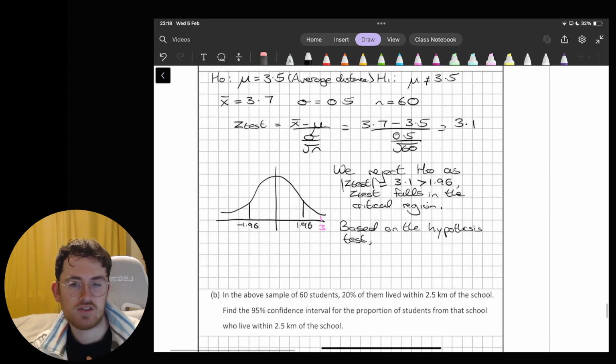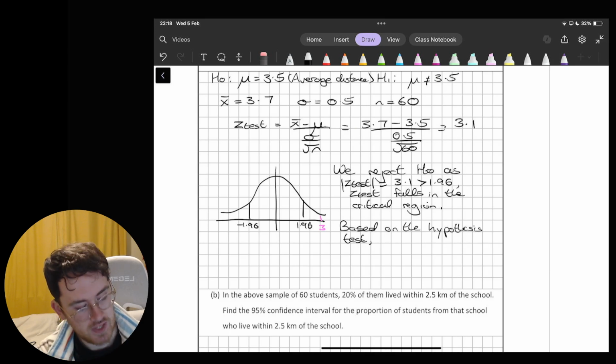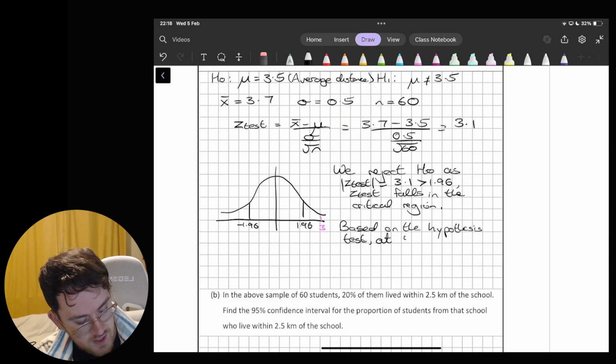So mention of the level of significance, mention of why you're rejecting it, and tying it back to the context of the question. So based on the hypothesis test at the 5% level of significance, we reject the null hypothesis.